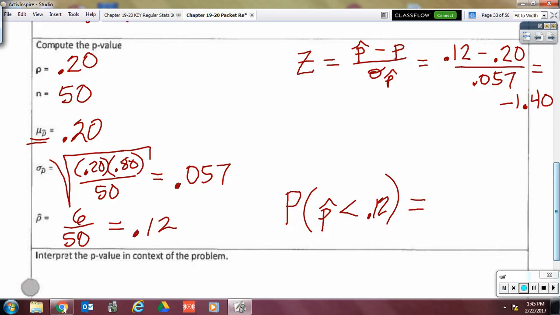So what do I do from here on out to get that probability of getting that sample or something less? Inverse norm of the area below? Nope. I'm norm CDFing this from negative 99 up to negative 1.4, and that's how I'm getting that probability.